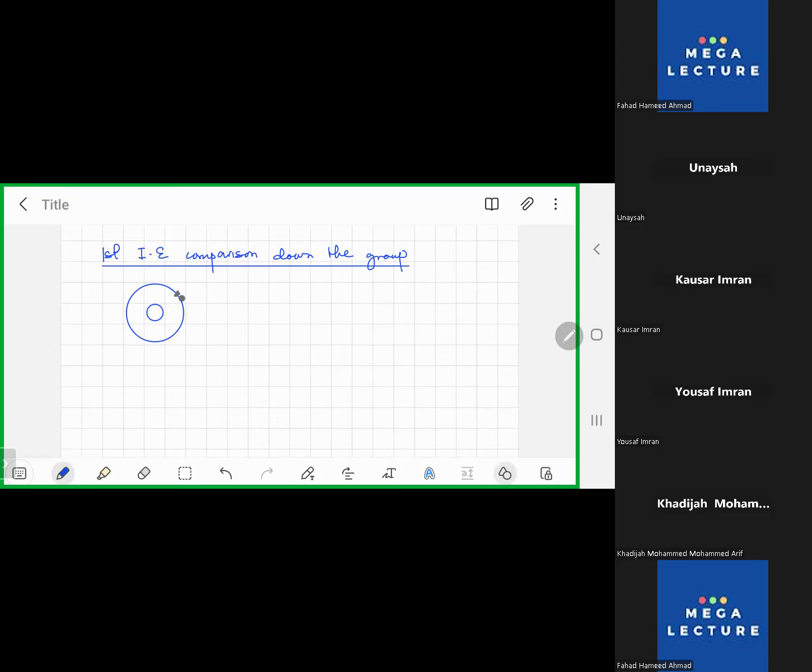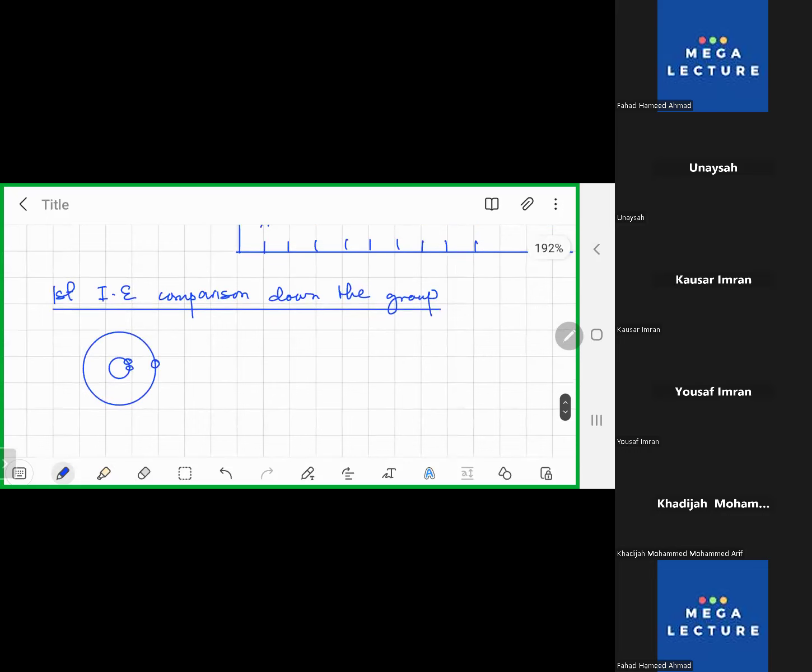Lithium's got 3 electrons in total. 3 बल्कि एक ज्यादा हो गया. अच्छा, it's got 3 electrons. ये तो बड़ा shell है इसके. अच्छा, 3 electrons plus it's got 3 protons as well in the middle.